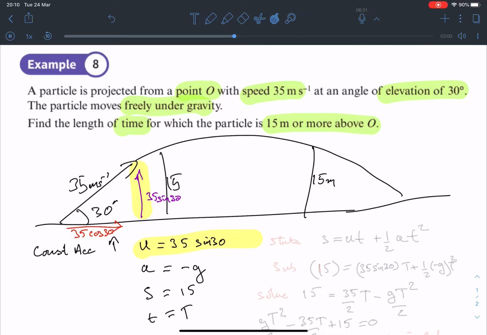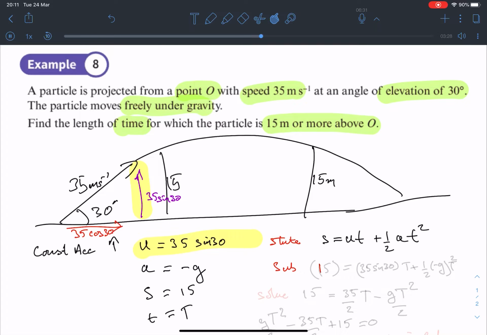Look at the equation: u, a, s and t. That suggests we're going to need to state s equals ut plus a half at squared. Then we can substitute in. s is equal to 15.